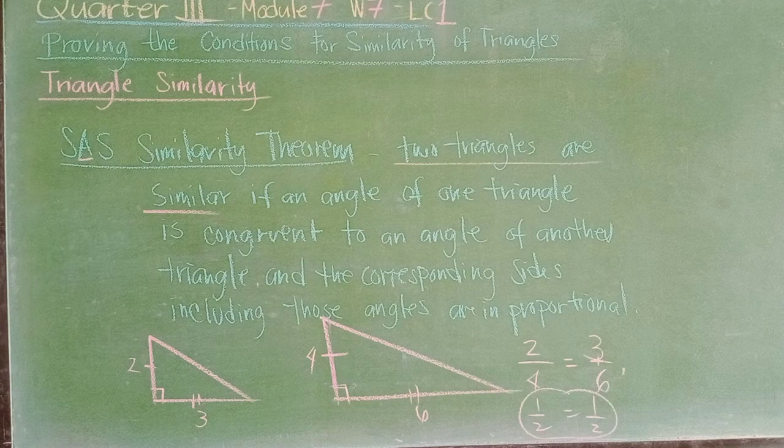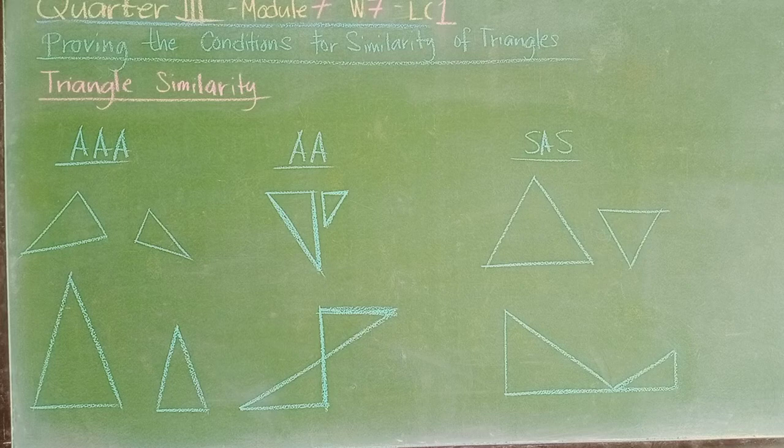So, i-summarize muna natin yung first three theorems bago tayo mag-move on doon sa may right angle. Tignan muna natin yung pinagkaiba ng tatlong theorem. So, for more information about these three theorems, yung angle, meron kang tatlong given angles, and then lahat sila congruent.